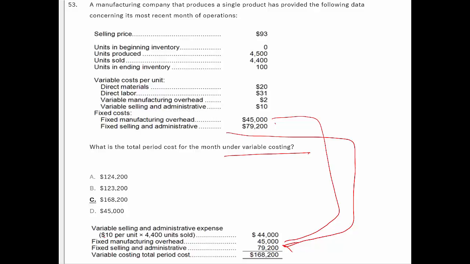My variable selling and administrative, guys, is still considered a period cost under both, isn't it? So that's one of them tricky questions that could give you trouble on your test if you're not careful, and that you get all tied up in saying, well, I'm going to take that up there as part of my variable cost, and you start thinking of it as a product cost because it's up there.